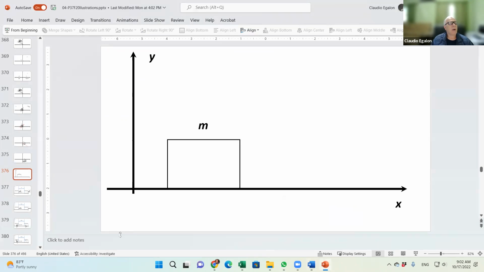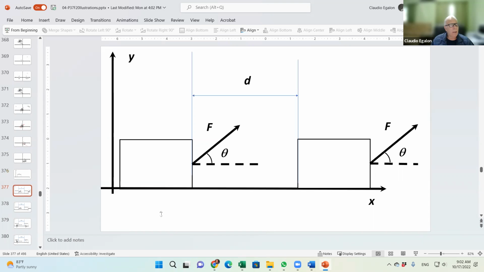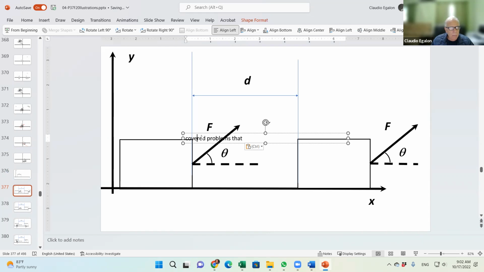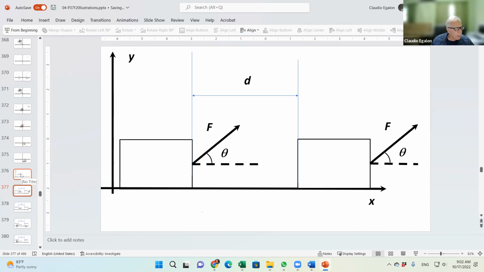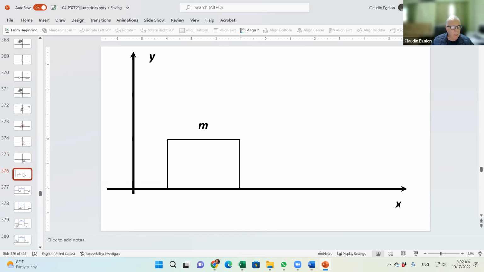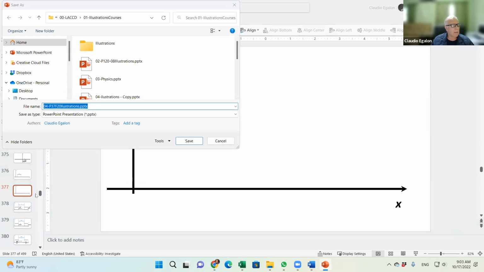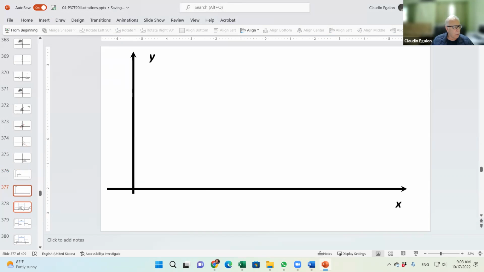Okay, so we start here with an object sitting over a surface, and we have this force being applied to the block. Let me simplify the drawing, right? In this case, we start with the X and Y axes first, and then we put an object here.